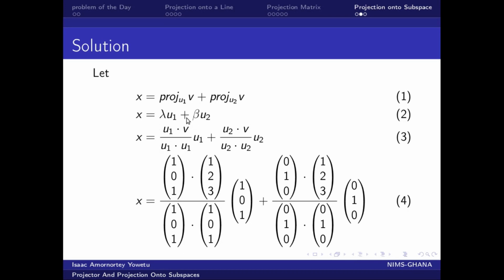The inner product over the inner product gives us this scalar, and the inner product of this one over the inner product of this one gives us this scalar beta, and then we multiply with their respective vectors. The whole of this one is expressed as this times our U1, which is this one, and the whole of this one is expressed as this inner product with their respective vectors.